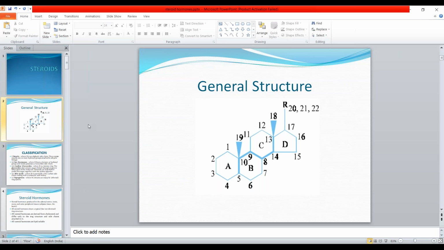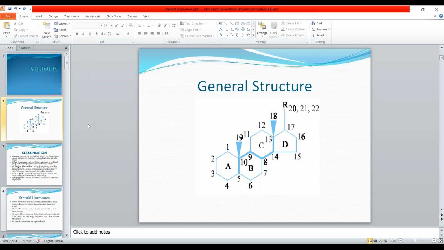Then from the animal kingdom also, you have steroids. You have them in the form of zoosterols, like cholesterol, which is also present in human beings. You have cholestanol, you have coprostanol. These are the different types of steroids that are present in the animal kingdom. Surprisingly, you will also see steroids in yeast and fungi.